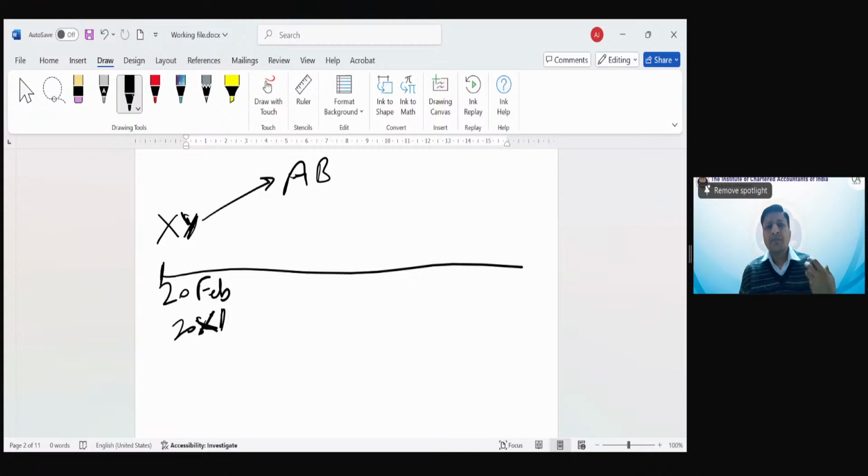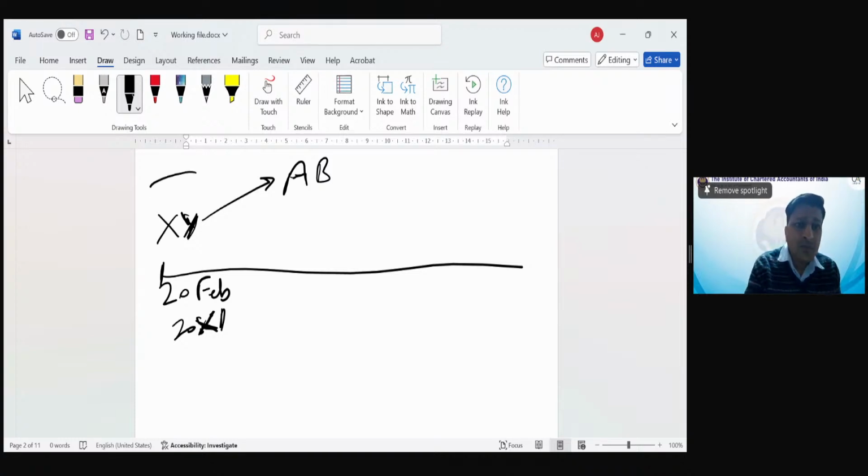Maybe there's a good volume of the goods, but AB doesn't have adequate space to store those goods. Therefore, AB instructs XY to hold the goods at the warehouse of XY. So AB has requested XY that please keep the goods with yourself.